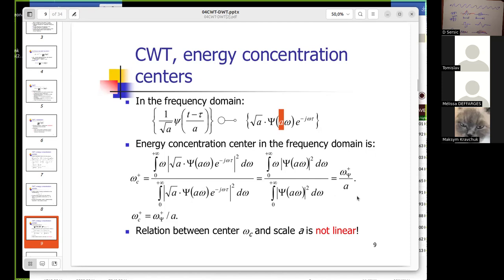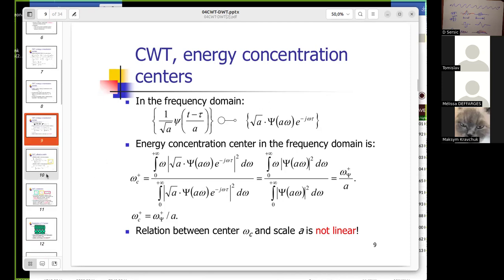It is not linear at all. It depends on scale, and scale is in the denominator. It looks like this. Definitely it is not linear, but it looks like dividing by 2, multiplying by 2. So it is definitely logarithmic.